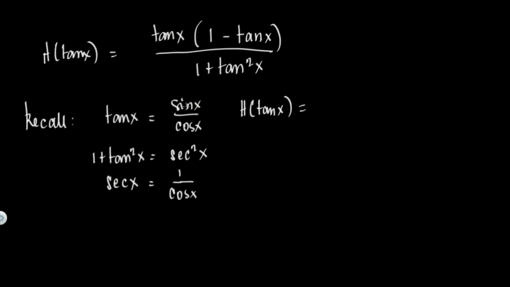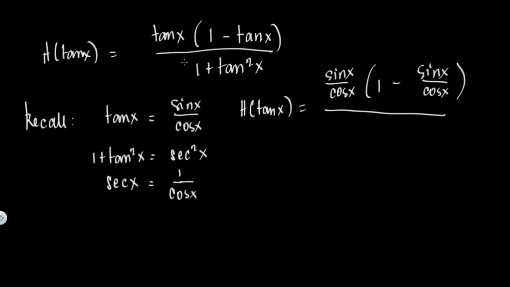plug in here the sine over cosine, so tangent, sine x over cosine x, multiplied by 1 minus sine x over cosine x. Okay? Then all over, and we know that 1 plus tangent square x is this, secant square of x.